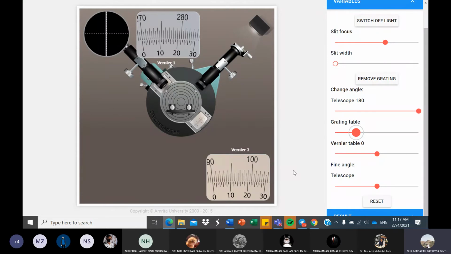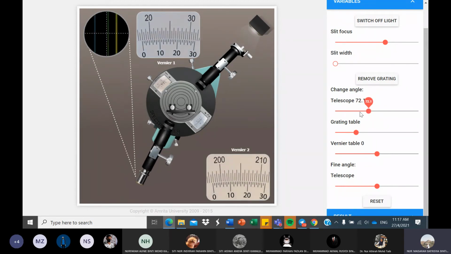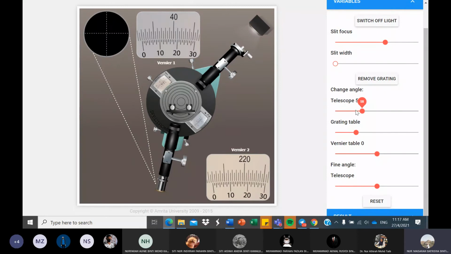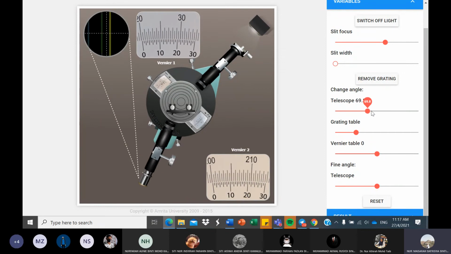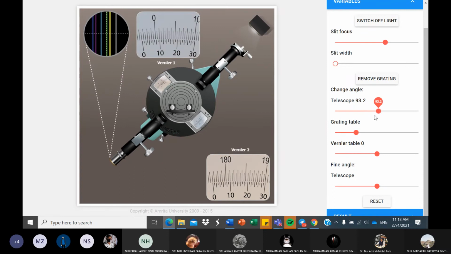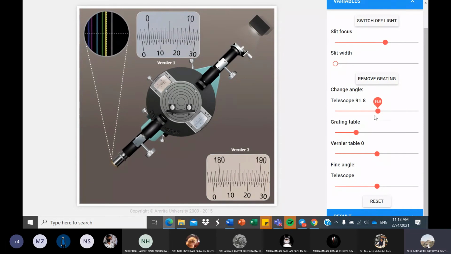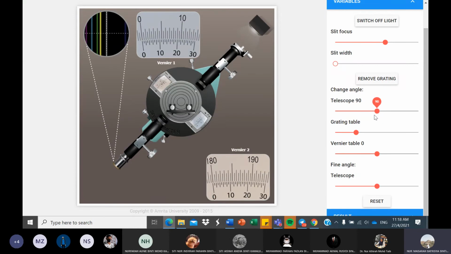Next, rearrange the telescope so that it will be 0 degree and 180 for both vernier tables, to make it accurate. Ta-da! And then we get here.